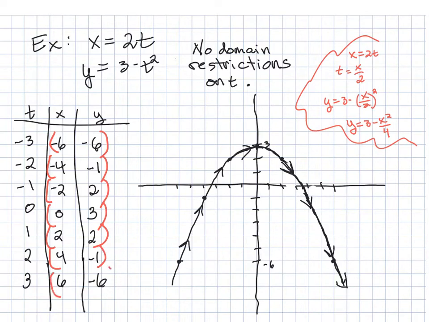And on the graph, you see that I have the arrows that are pointing in the direction of the orientation. And so t goes from minus infinity to plus infinity, and how do I know that? Because these are polynomial terms. There's no domain restrictions, so t is going to go from minus infinity to plus infinity.